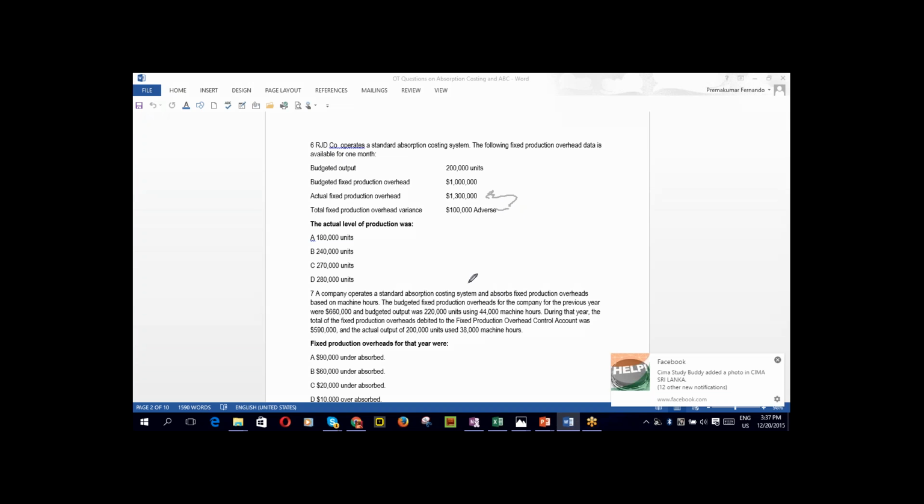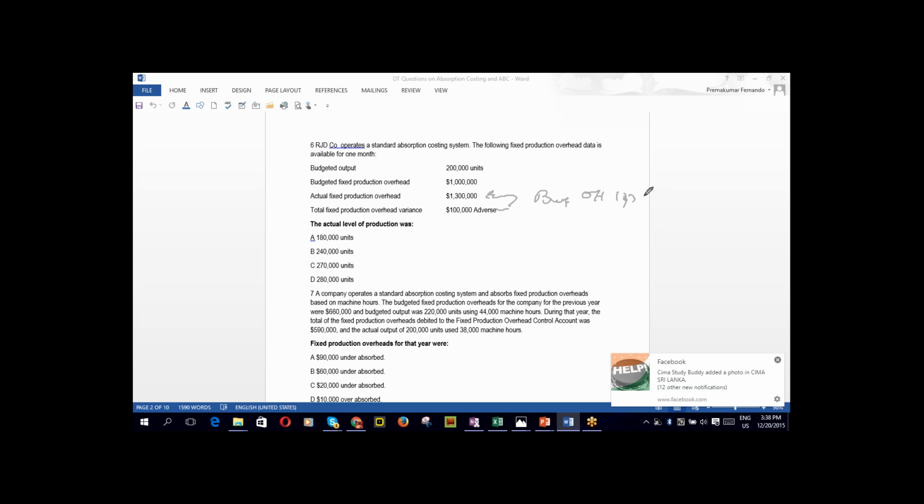So what is your budgeted fixed production overheads? You incurred 1,300,000 and they say you have spent 100,000 extra. That is what the adverse variance means. 1.2 million, that's correct. So the budgeted overheads are 1.2 million.